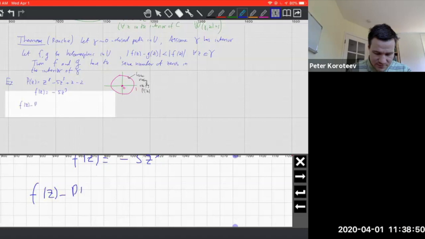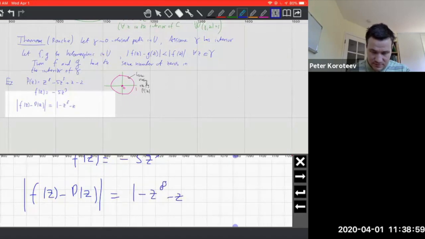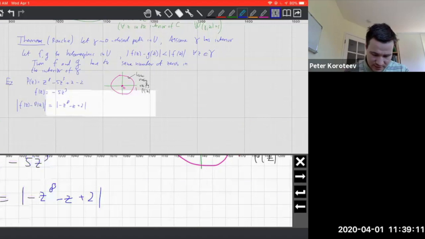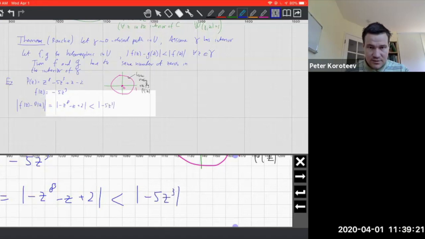Now let's compare them, f(z) minus p(z). It's equal to minus z to the 8 minus z plus 2, right? And then we only need to worry about the unit circle. So we need to show that this is less than the absolute value of f(z), which is minus 5z cubed, which in this case is equal to 5.